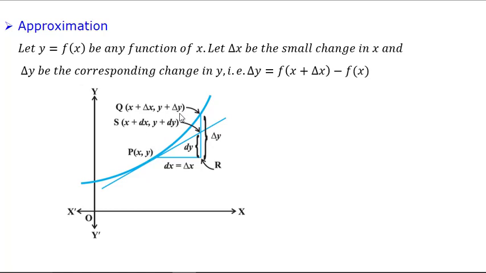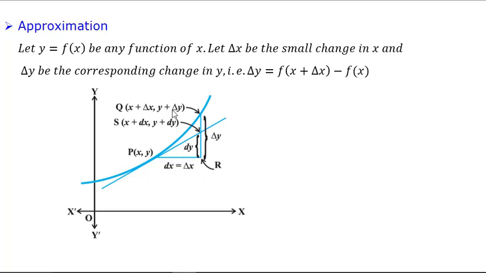Now this change in y, delta y, is what? It is the difference between this value, which is y plus delta y. Now y plus delta y is what? Y is a function of x. So y plus delta y is a function of x plus delta x.